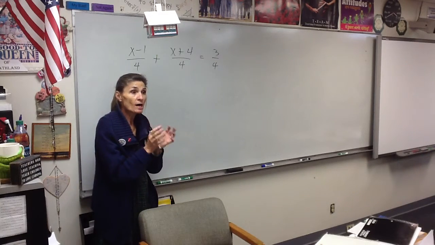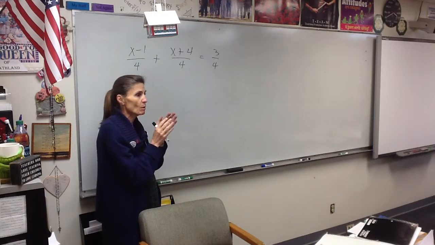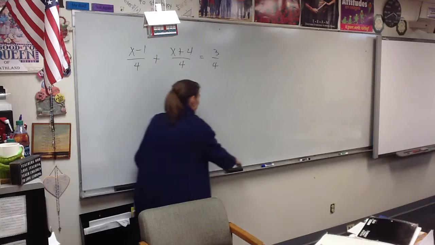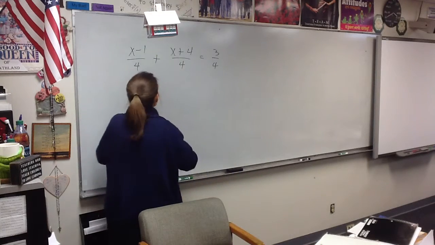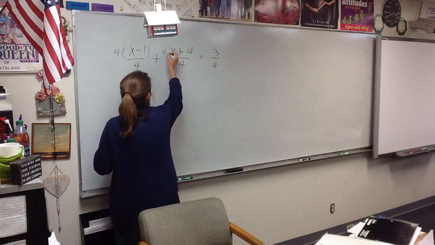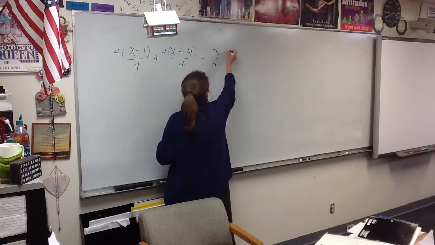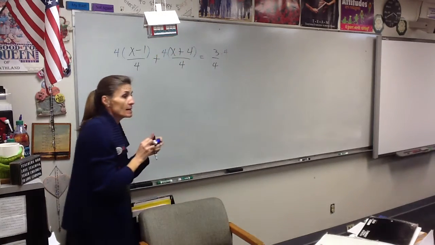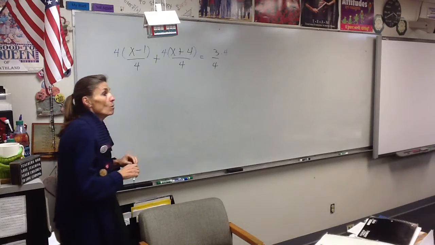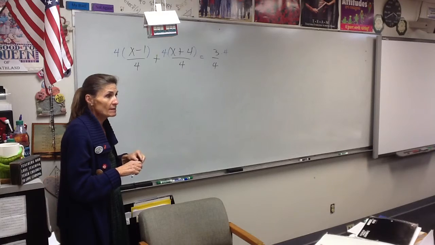If every time we see one of these, we say, okay, I'm going to multiply everything by the common denominator. And in this case, the common denominator would be 4.